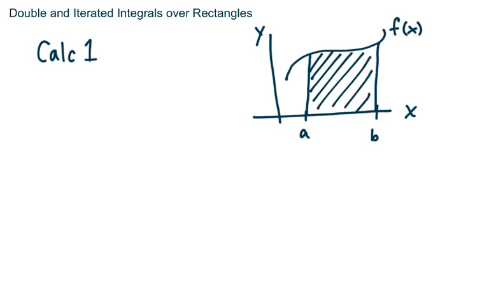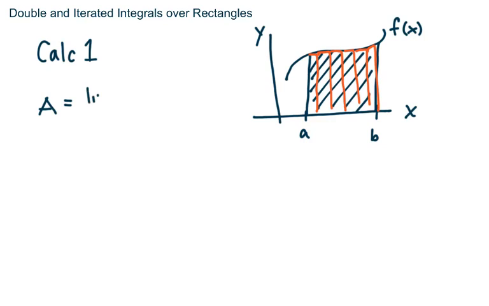And hopefully you guys remember what we did was we created a bunch of different rectangles. We developed a Riemann sum to help us approximate that integral. So that was our development of our integral definition, I should say. So what is that integral? How did we find that area under the curve?